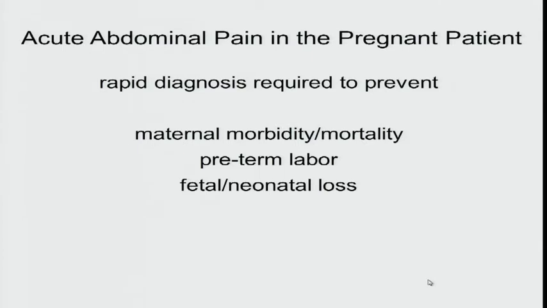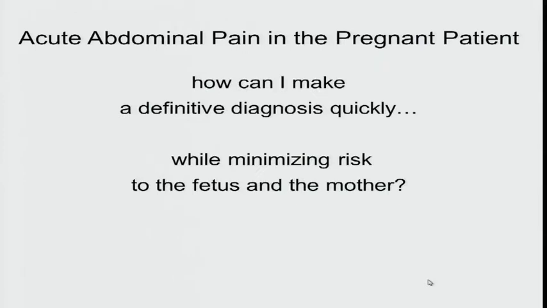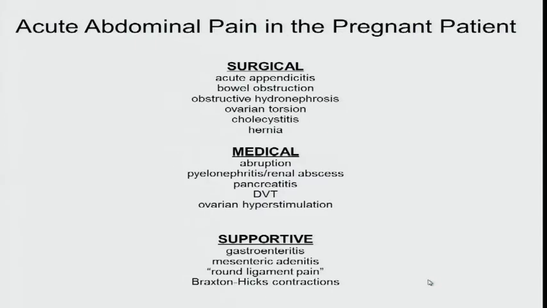Acute inflammatory processes can result in preterm labor, which can result in either a dead infant or an infant that requires significant care and is going to have significant morbidity throughout their life from prematurity, and fetal neonatal loss. Additional risks are present in this population. So how can we make a definitive diagnosis that we can act on while minimizing the risk?